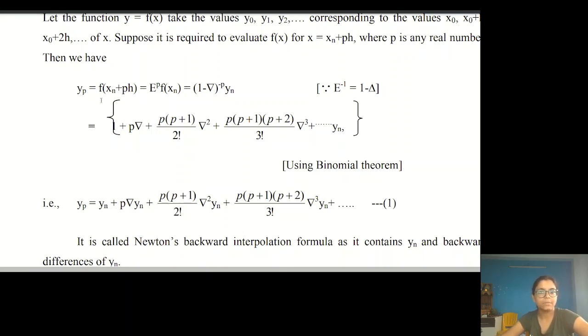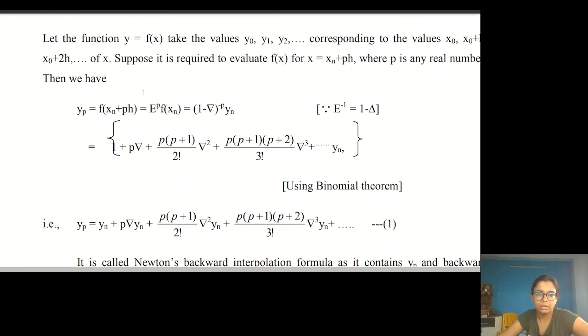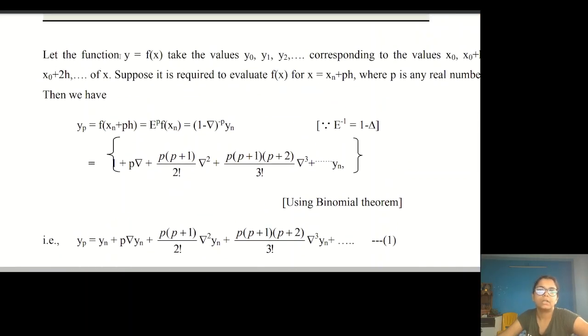Now f(xn plus ph) can be written as e to the power p f(xn). We only put the values in the function y equals f(x) to get this function. Like the function of this equation would only be taken out if we put the values in y equals f(x).